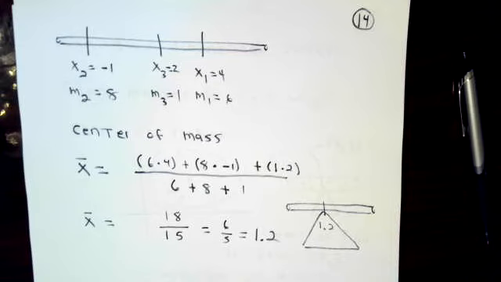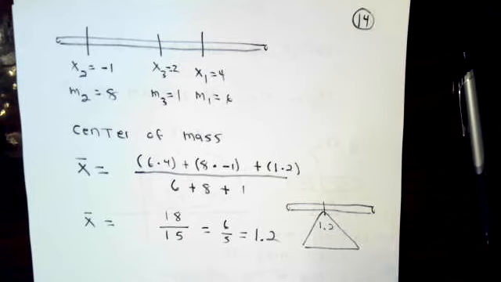If I want to figure out the center of mass, I take each point, I multiply its mass by its x-coordinate, and add up all those things. On the bottom of the fraction, I add up the masses, which would be 6 plus 8 plus 1, and after you do the arithmetic, it works out that x bar is 1.2.